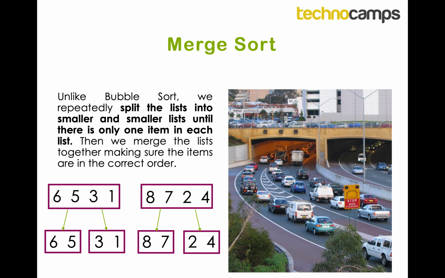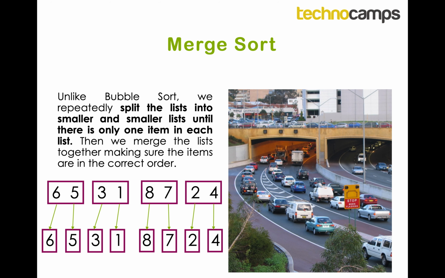We again split the 4 into sets of 2 each, and then we split the sets of 2 each into sets of 1 each. So now at the end of our divide, we have got each number in its own list.